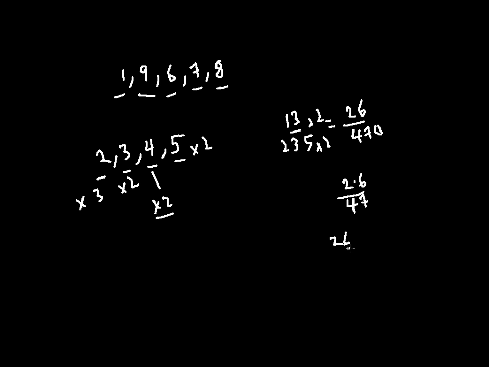So 26 by 47 into 1 by 10. Now we know how to convert into decimal number when the divisor ends with 7. So 26 by 47, you can write it in decimal form and move one digit to the left, I mean 1 point to the left, and you will obtain your final answer.